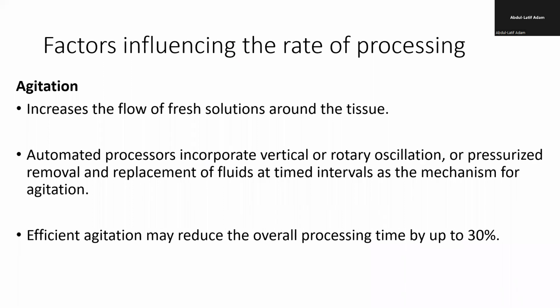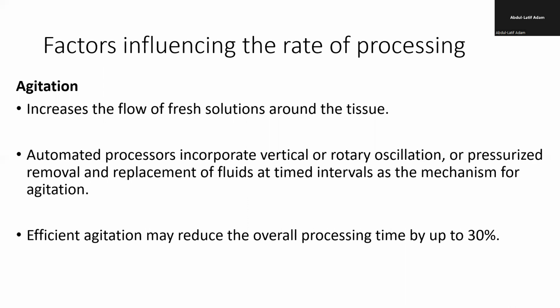So now let's look at factors that affect tissue processing. As I've already mentioned, you have agitation. Agitation creates a current that allows fluid exchange, allows fluid in and out. And this agitation can be done rotatively, so you can go round.